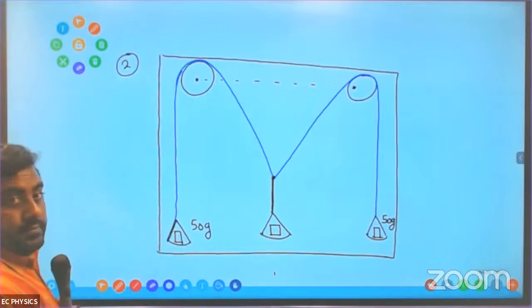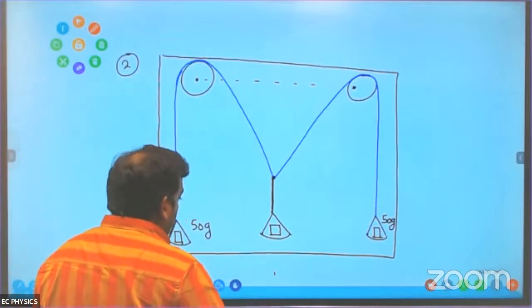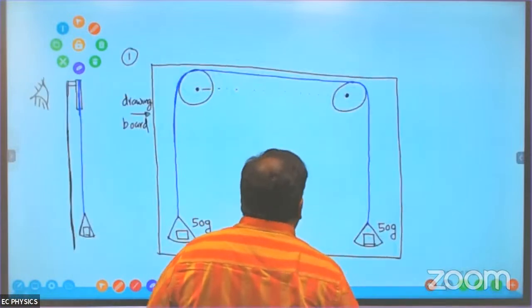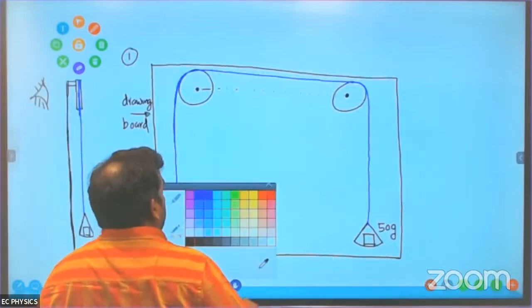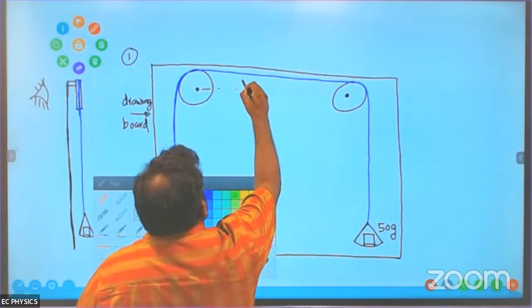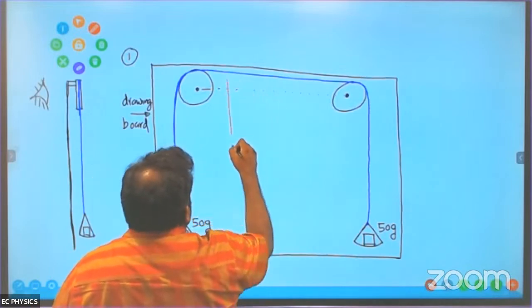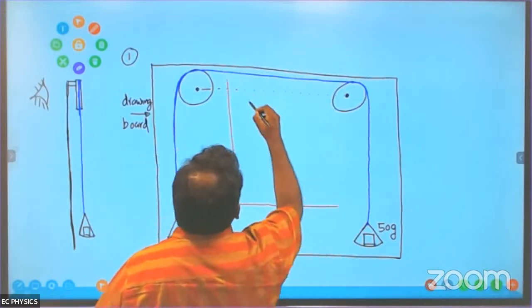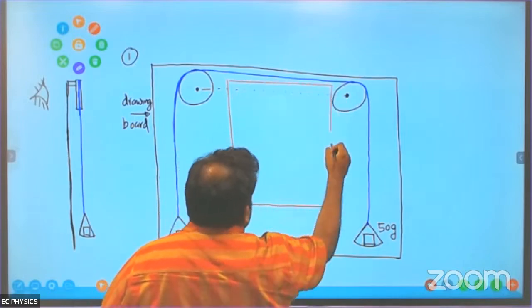Then what do you do? Now remember, in the beginning itself, here on the drawing board, using drawing pins, you connect the A4 sheet.